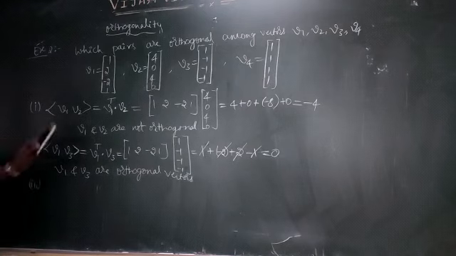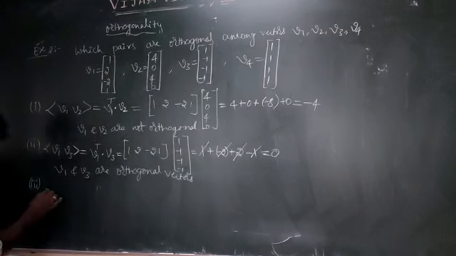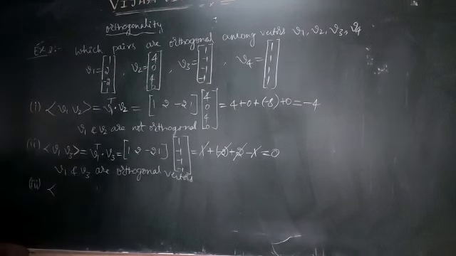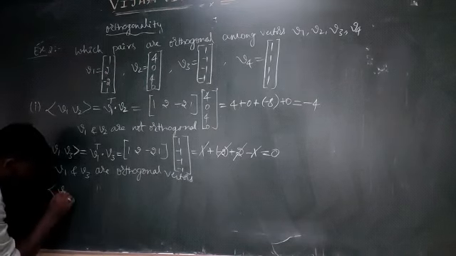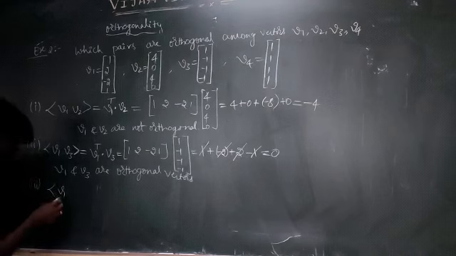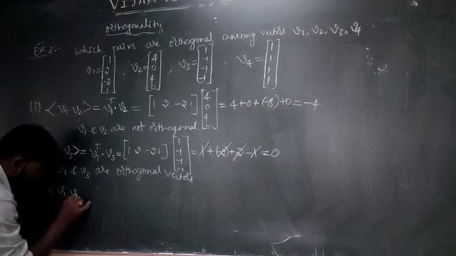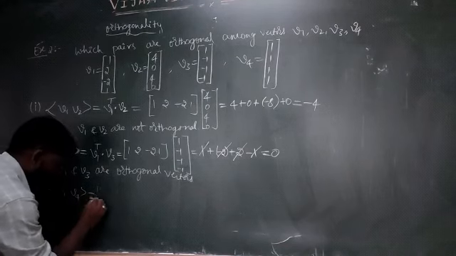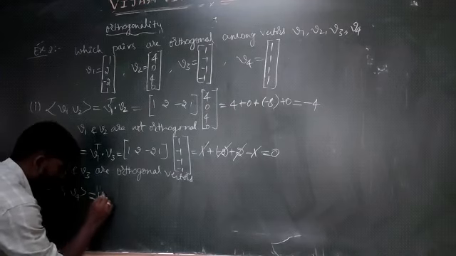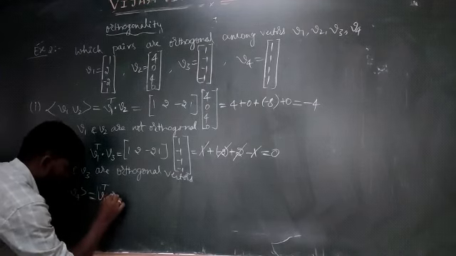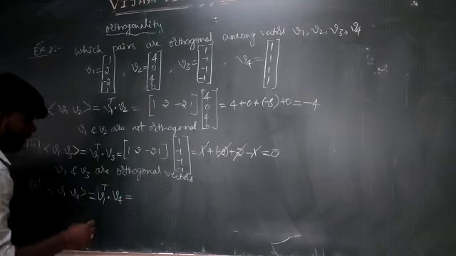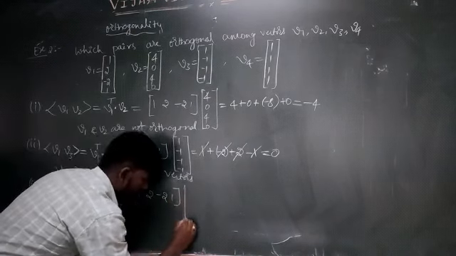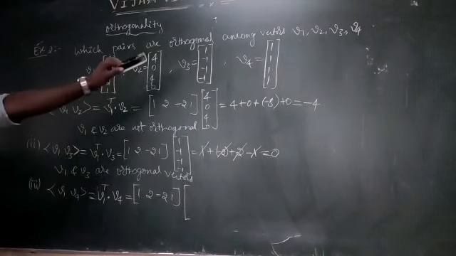Next pair is v1 with v4. To find whether v1 and v4 are orthogonal or not, we have to find their inner product: v1 transpose dot product with v4, where v1 transpose is (1, 2, -2, 1) and v4 is (1, 1, 1, 1).